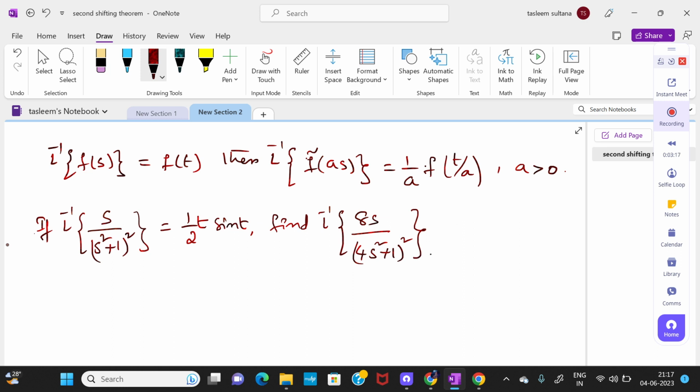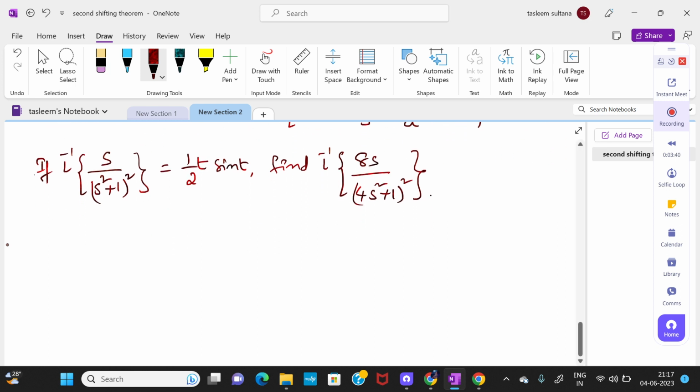What they have given is one value, L inverse of s divided by s square plus 1 whole square, which is equal to t divided by 2 into sine t. Then what will be the value of L inverse of 8s divided by 4s square plus 1 whole square? That value you have to find. First write down your given one.